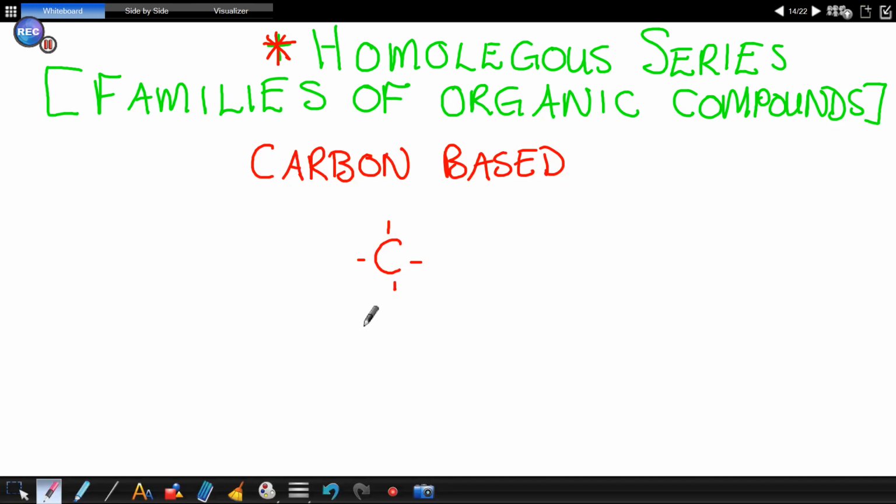If I take a molecule with 1 carbon atom in it and add 4 hydrogens to it, this molecule is my smallest organic molecule, and it's called methane.